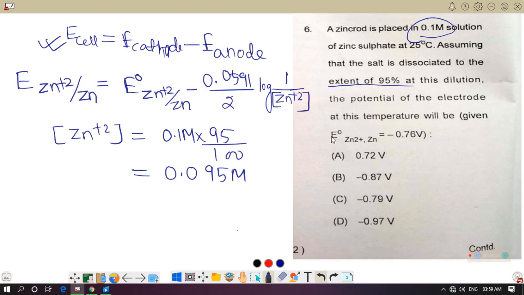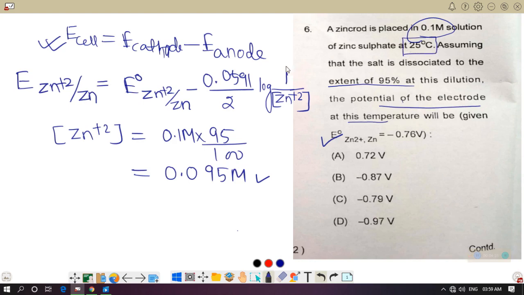Here the standard zinc electrode potential is given, we just need to put it here, and the Zn2+ concentration is 95% of the initial concentration. We will put this value here and then solve this question to find the zinc electrode potential at this temperature, that means 25 degrees Celsius.